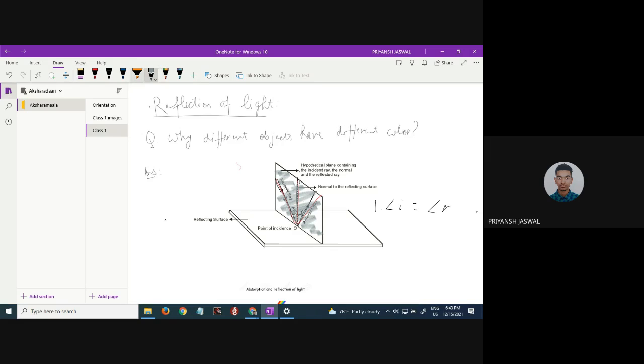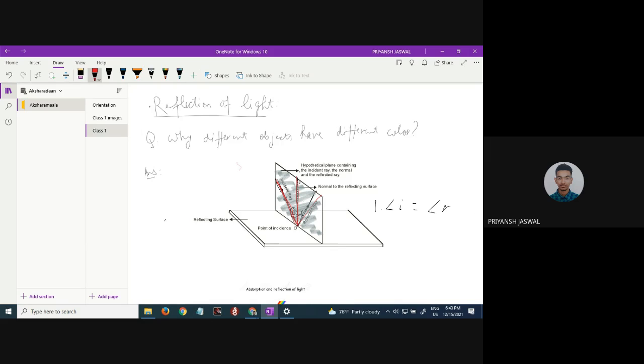It cannot happen that light is incoming in this plane and leaves in another. The plane has to be defined by two lines. Suppose the first line is this and the normal is this. So this will be the plane of incidence, or you can say just an arbitrary plane.